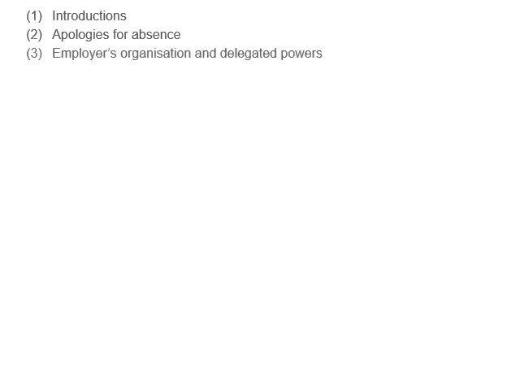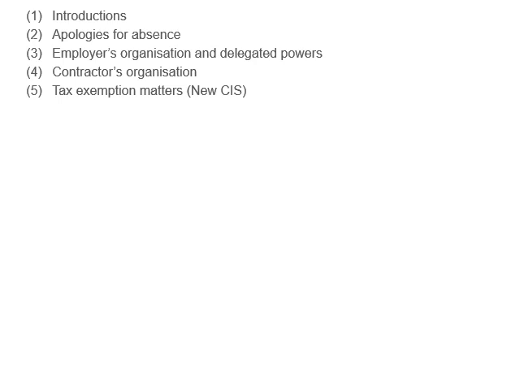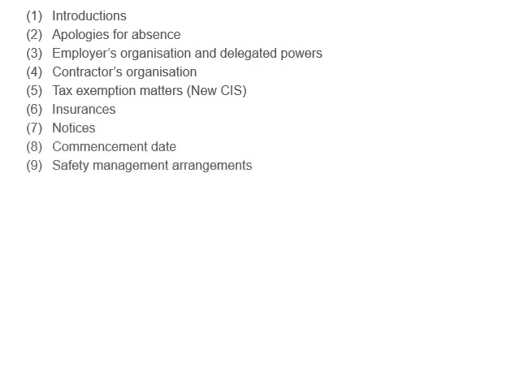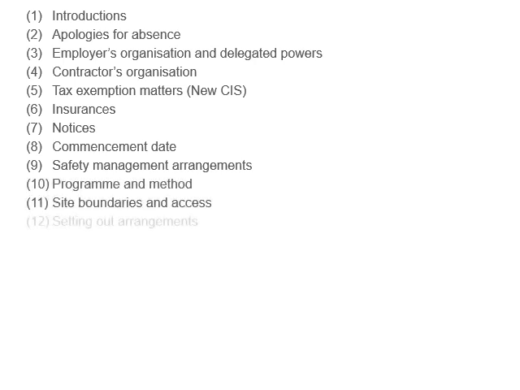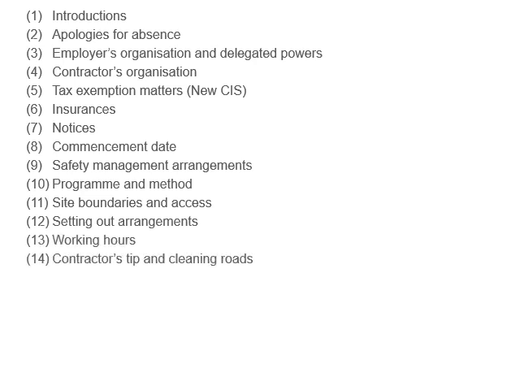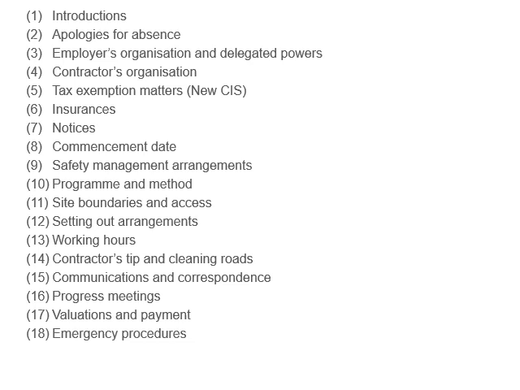It is typical of the items that one would encounter on a project like this: tax exemptions, insurances, notices, commencements, safety management arrangements, programs and methods, site boundaries and access, setting out arrangements, working hours, contracts, tip and cleaning roads, communication and correspondence, progress meetings, valuations and payments, emergency procedures, any other business, and the date of the next meeting. Okay, so basic administrative stuff.